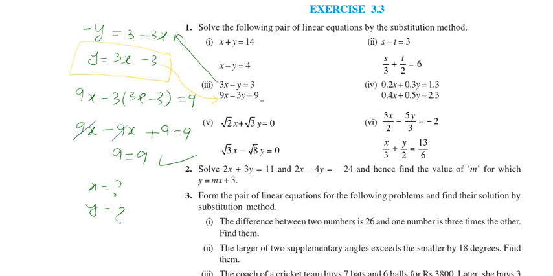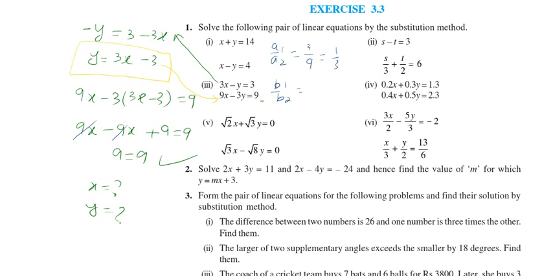Now see here, I hope you know what a1 upon a2 is. For this one, a1 is 3 and a2 is 9, so it is 1 upon 3. What is b1 upon b2 for the same pair of equations?